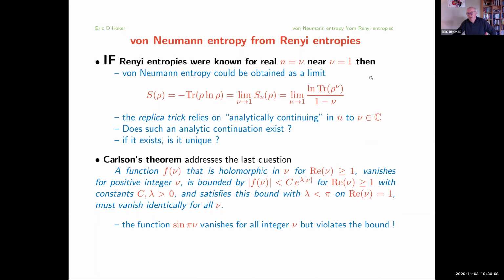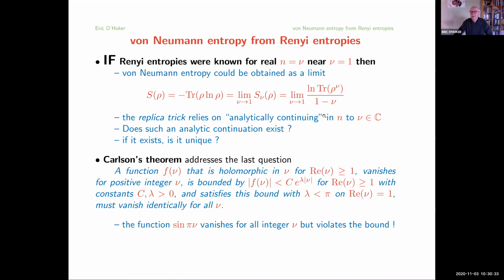Of course, that's not at all what we're given. What we're given is trace of rho to the n when n is an integer. So what do we do? Well, the replica trick relies on, I'll put it in quotation marks, analytic continuation in n to a number nu in the complex plane. That's a non-trivial analytic continuation.